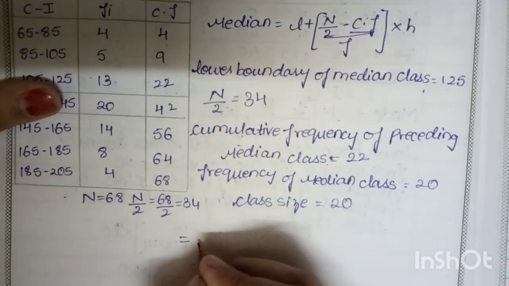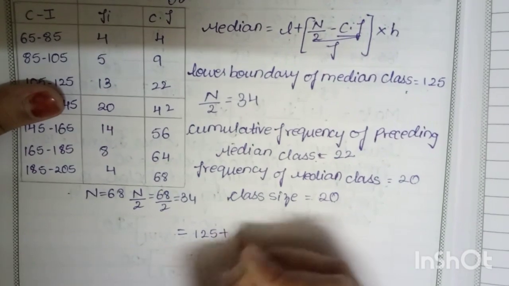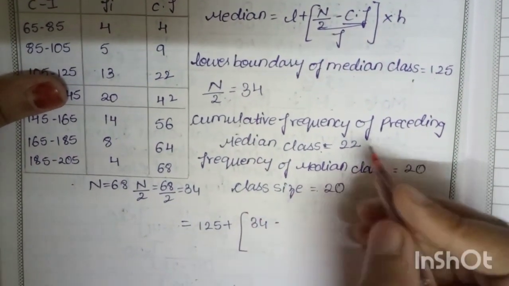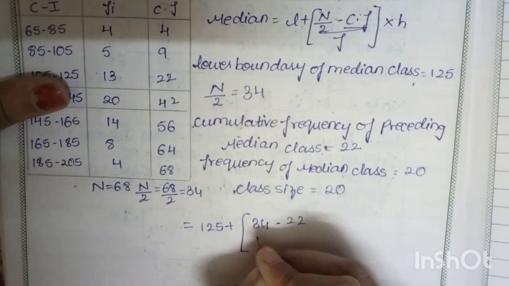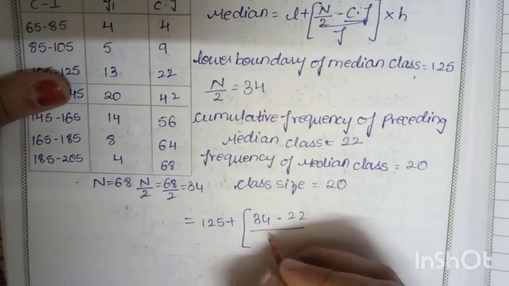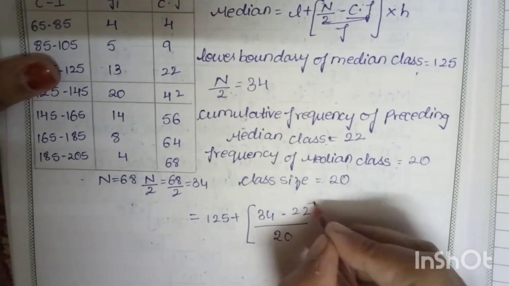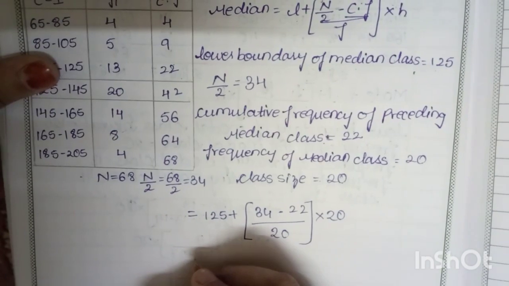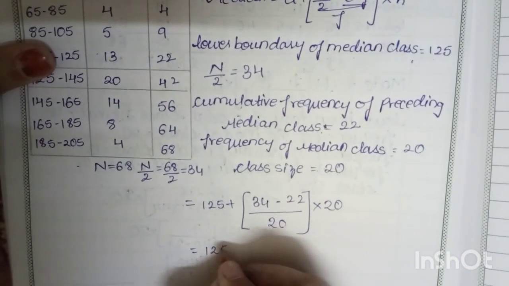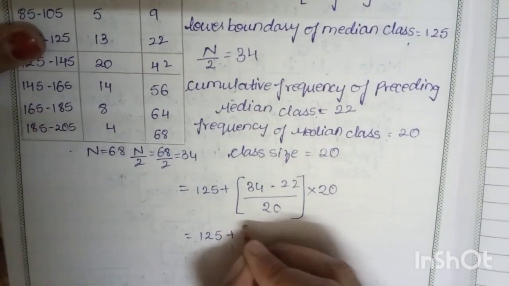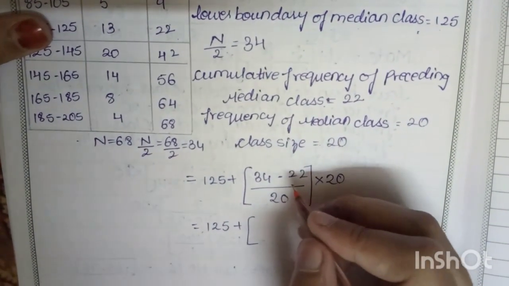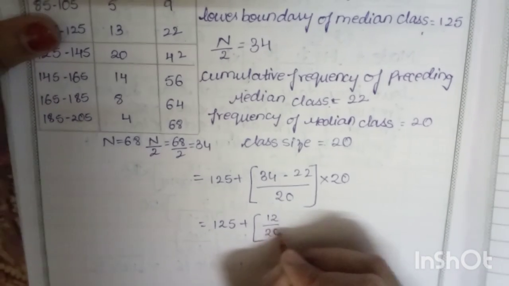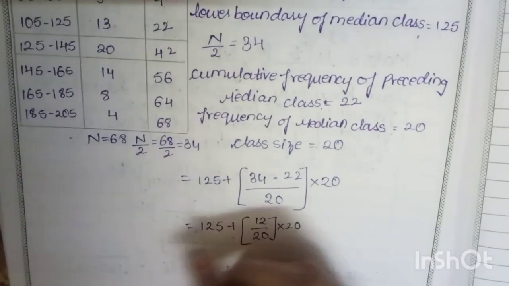L is 125 plus n by 2 is 34 minus Cf is 22 by f is 20 and h is also 20. Okay, so when you do the sum, that is 125 plus 34 minus 22 is 12 by 20 into 20, right?